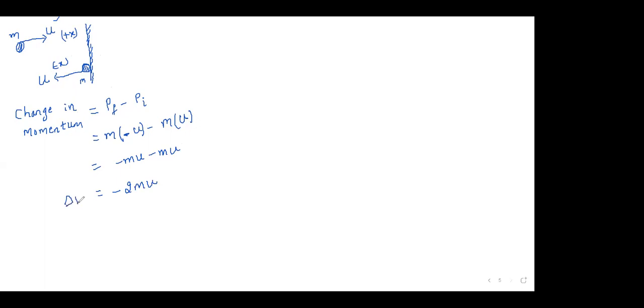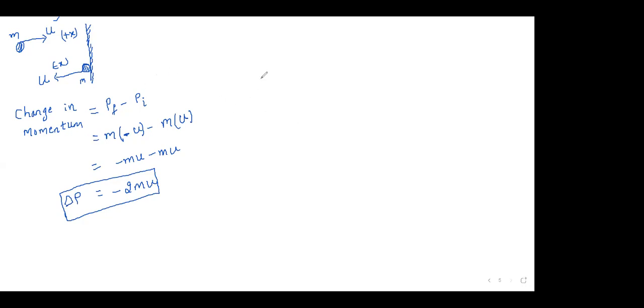This is the change in momentum. So when the ball strikes the wall horizontally, the change in momentum is minus 2 times m into u.